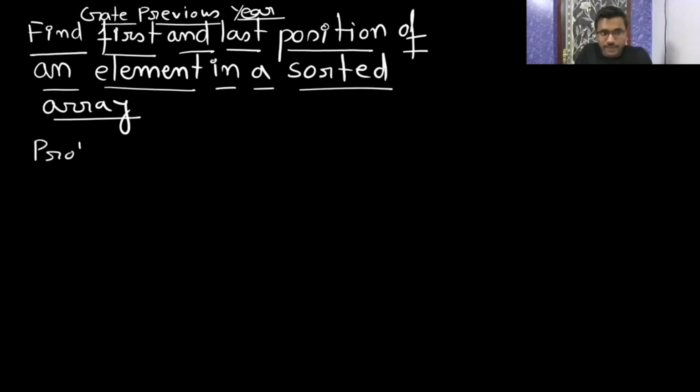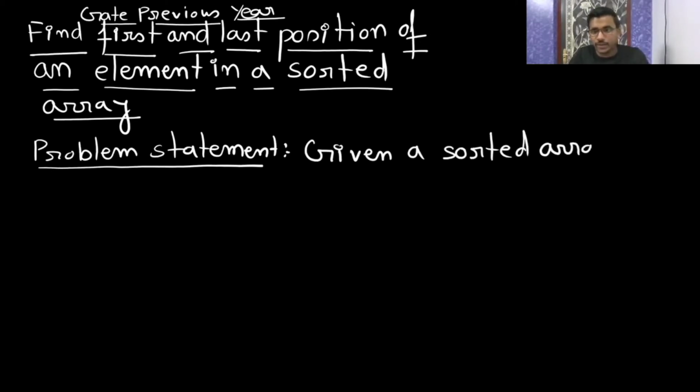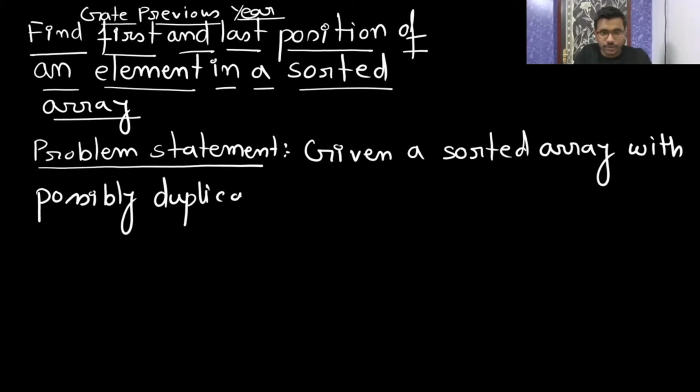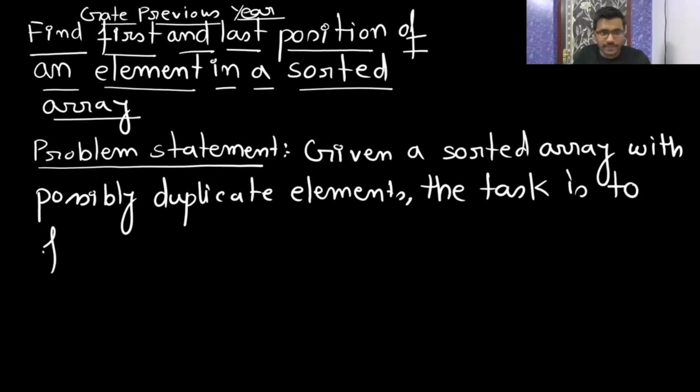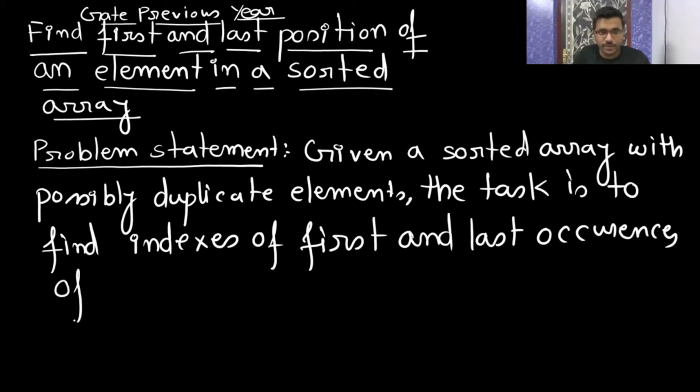The problem statement is: given a sorted array with possibly duplicate elements, the task is to find the indexes of the first and last occurrences of an element.